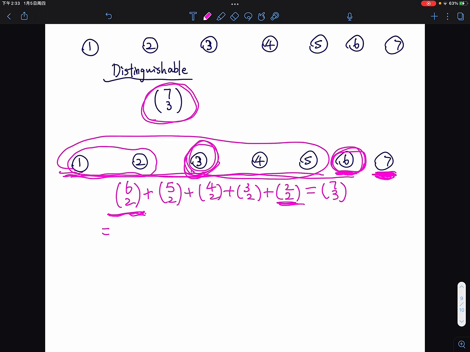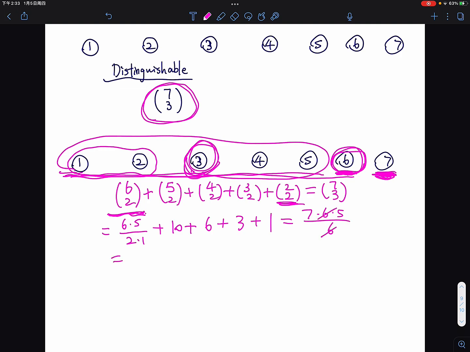If you were to do this mathematically, what is 6 choose 2? That is 6 times 5 over 2 times 1, plus 5 choose 2, and I'm just going to skip some steps. This is 6, this is 3. What is 7 choose 3? 7 times 6 times 5 over 6.